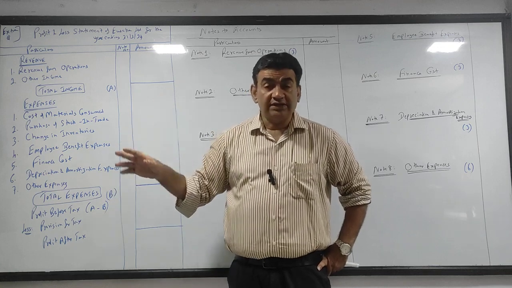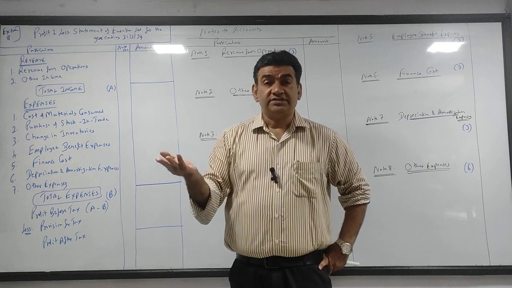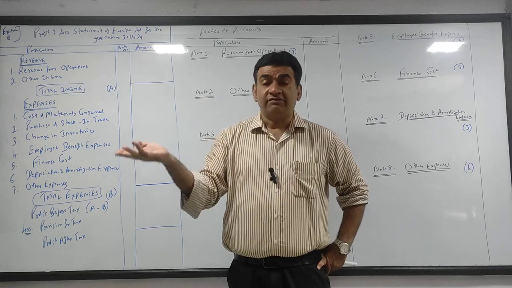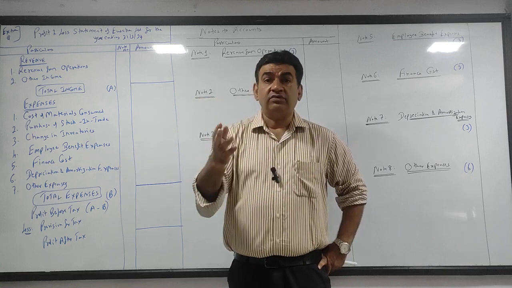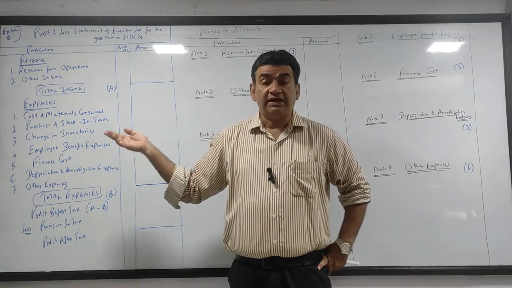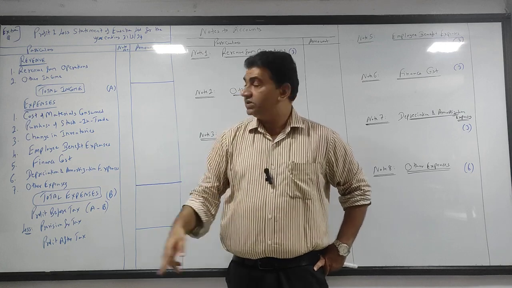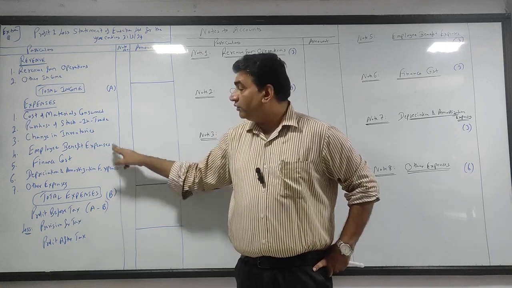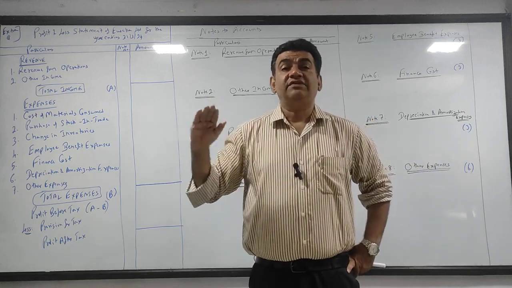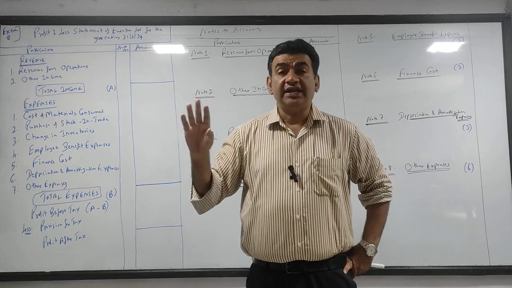This will also include the remuneration, that is salary and wages, staff welfare, employer's contribution to provident fund, employer's contribution to state insurance corporation, all that will come. So employee benefit expenses will include expenses connected with staff, their salaries, wages to the workmen. यहाँ पे there is no trading P&L.